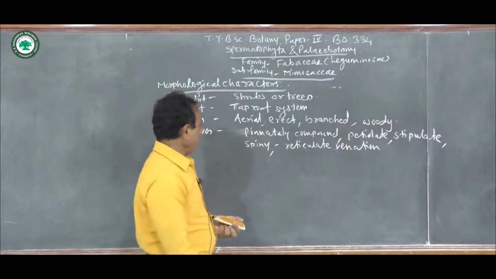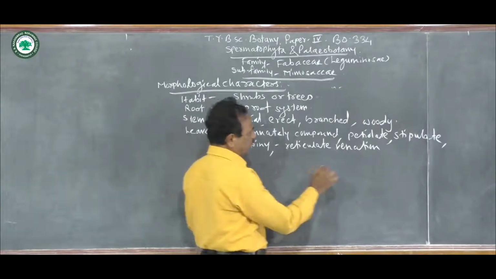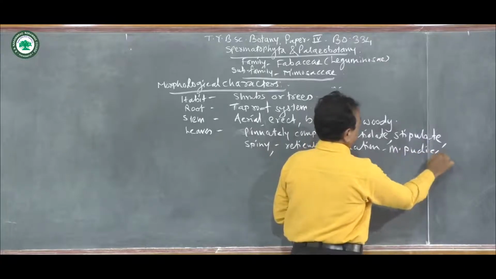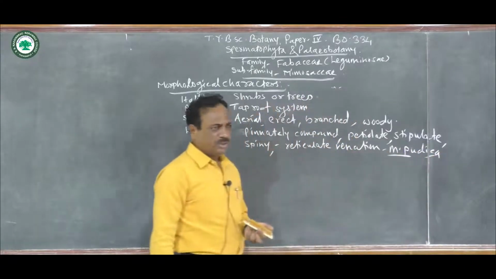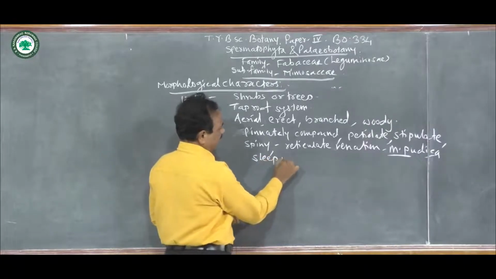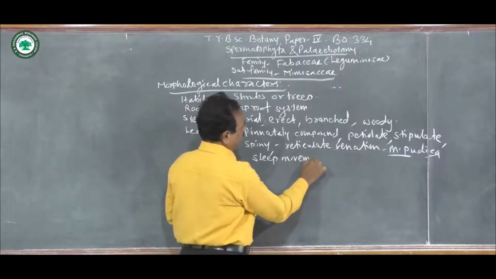In a plant like Mimosa pudica, the leaves show sleep movement when they are touched.